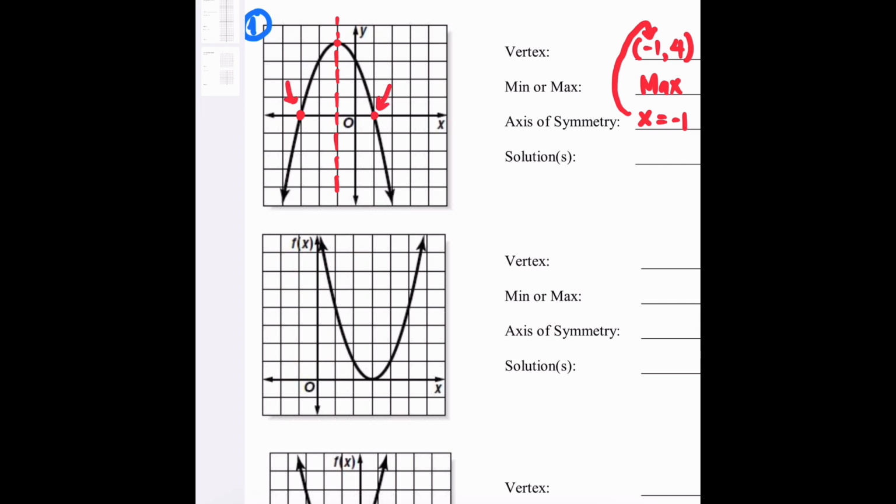The two values of x are x equals 1, and the other one is x equals -3.